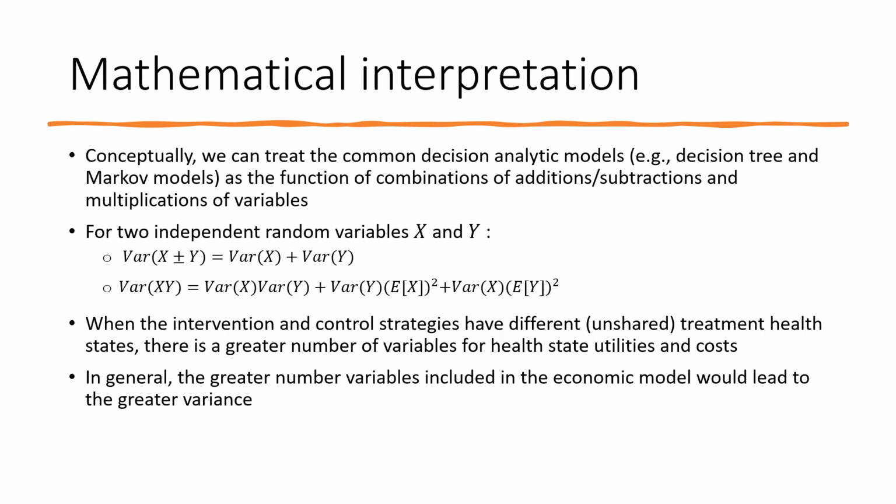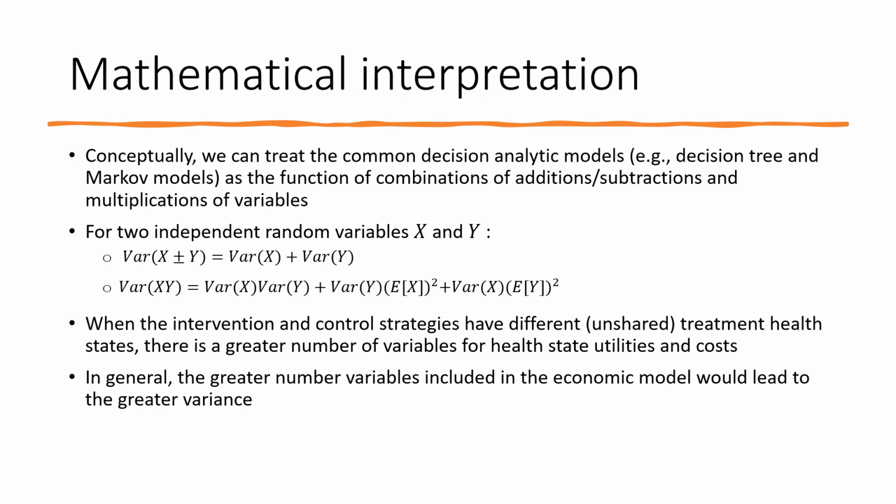For example, QALYs and costs associated with the states can be obtained from health state utility and yearly or monthly costs multiplied by the durations of staying in the corresponding health states. After the multiplications, the health state costs and QALYs would be added to obtain the total costs and QALYs of a treatment strategy.